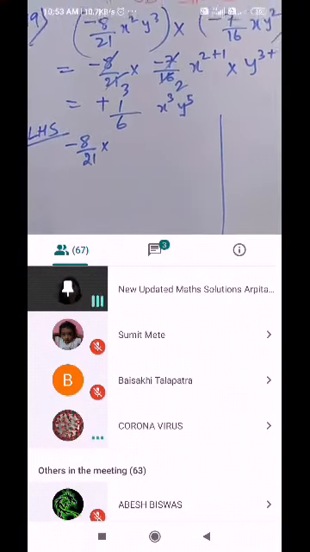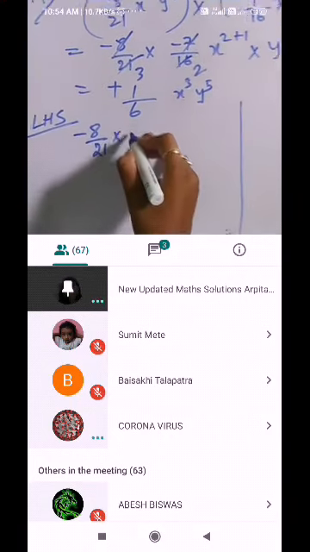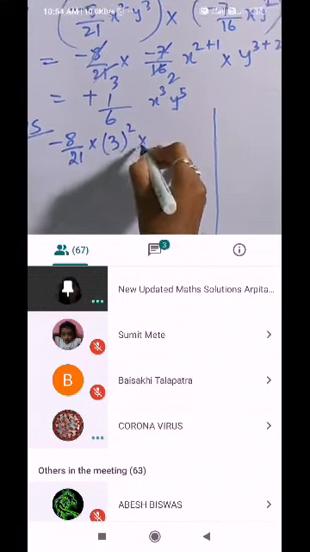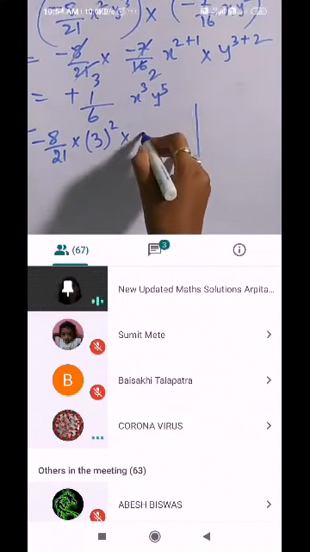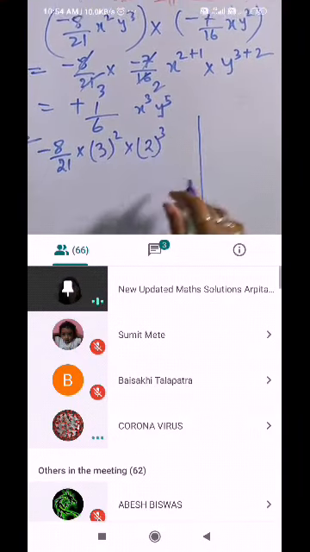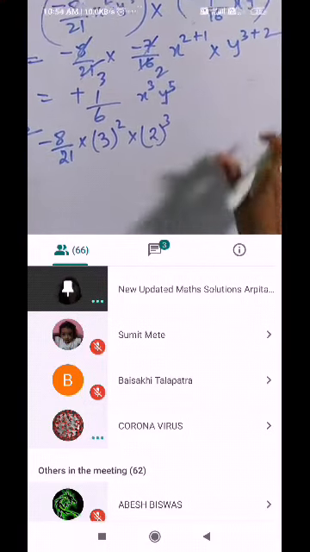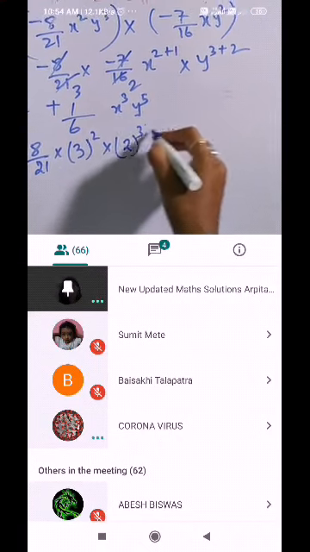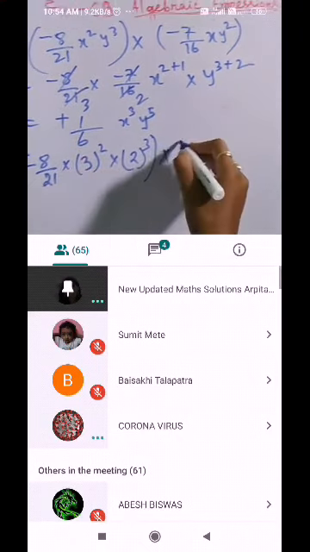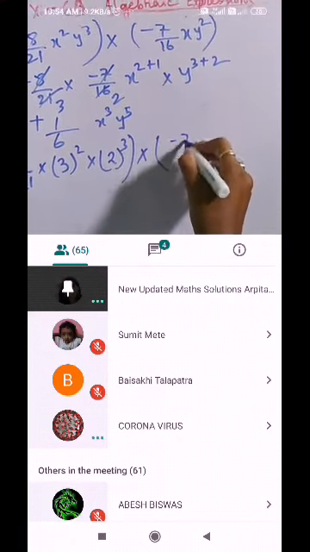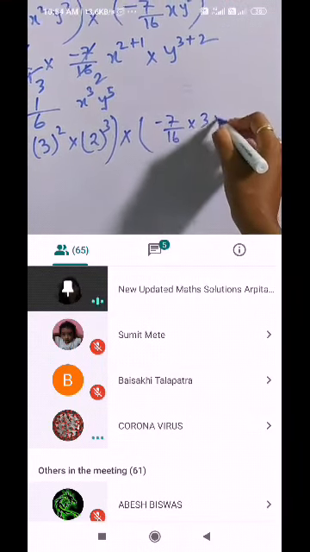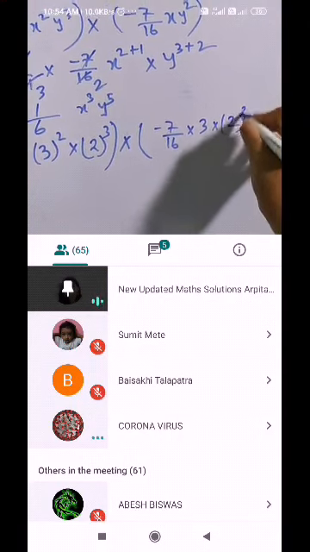The value of x is given as 3. So 3 square. The value of y is given as 2. That means 2 cube. Into minus 7 by 16 into the x value 3 into the y value 2 square.